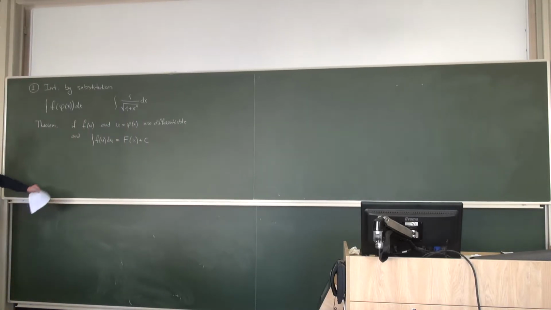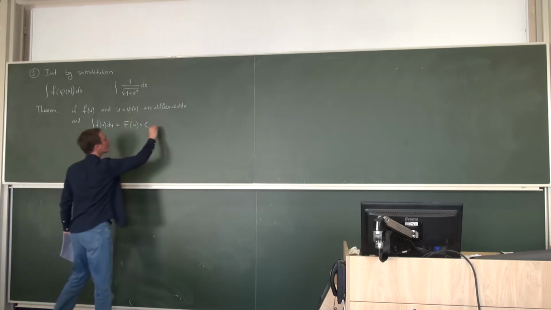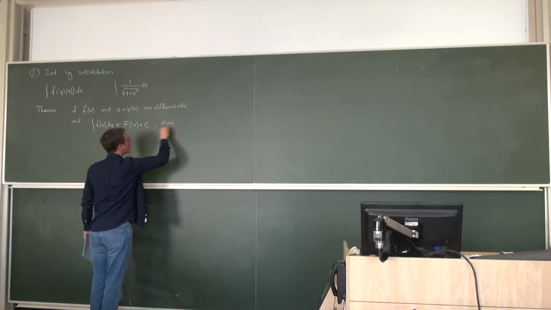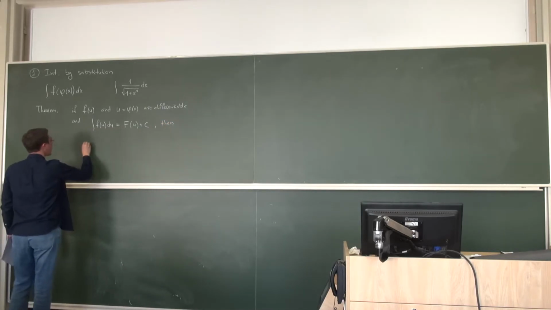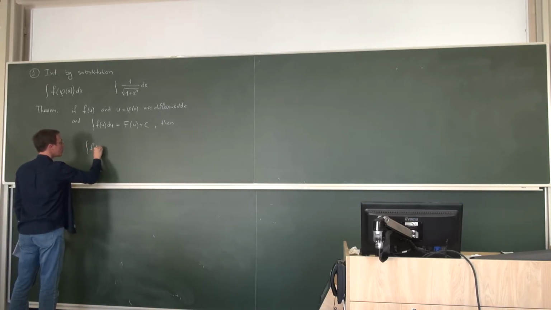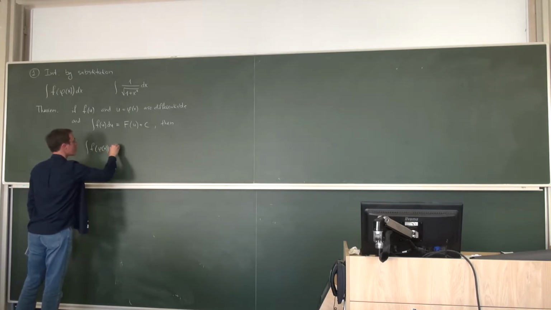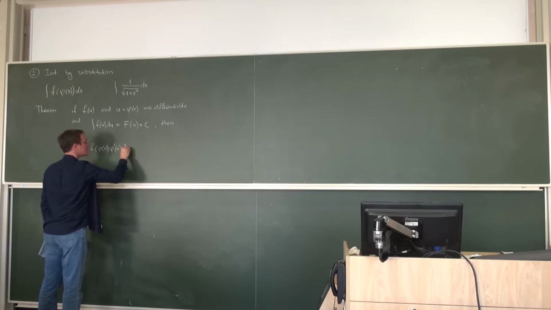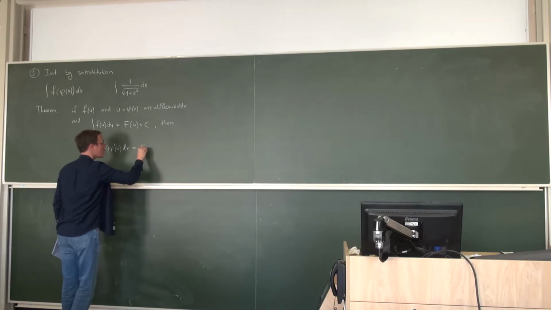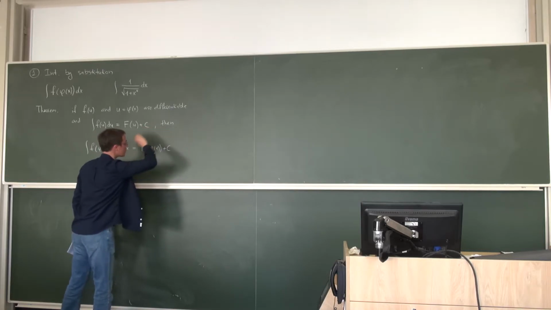So let's say we are able to integrate the outside function, then the following is true. An integral of f of phi of x, phi prime of x dx is big F of phi of x plus a constant.